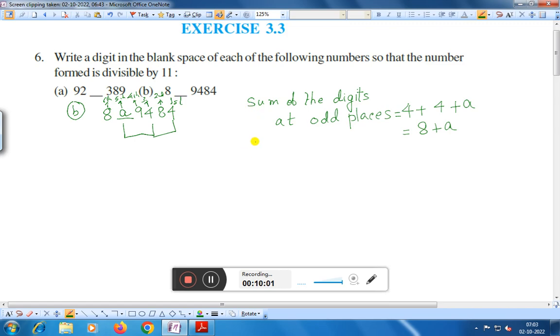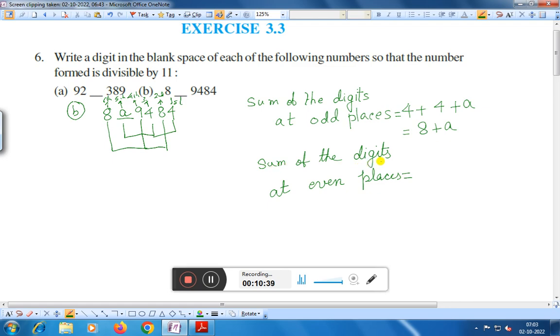Sum of the digits at even places is equal to, you see, the even places are second place, fourth place and sixth place, right?